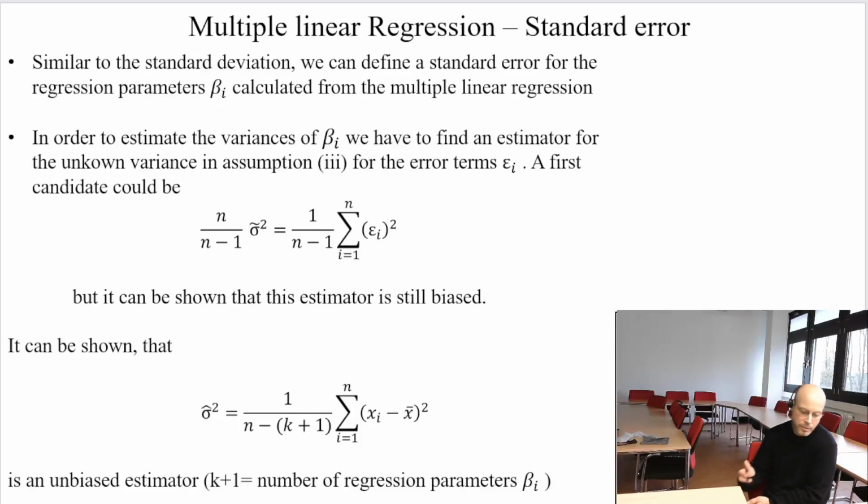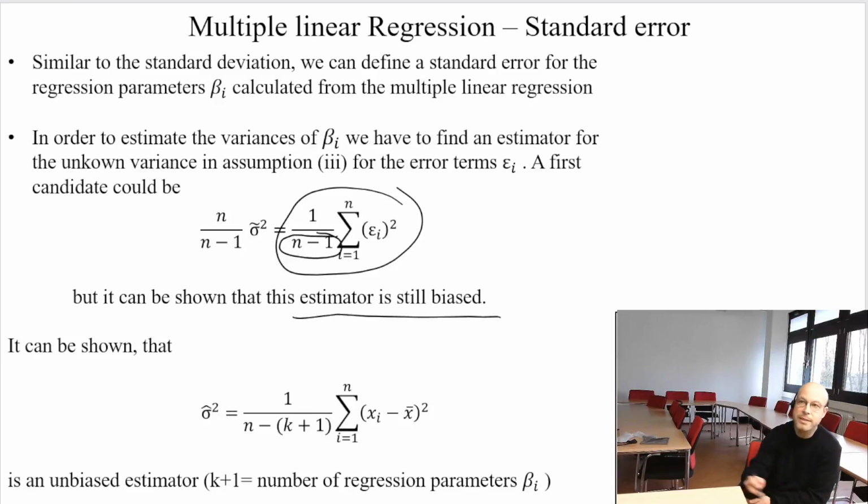And there at first, we could think that we have again the unbiased variance which we calculated in the one-dimensional case, where we had to divide our sum by n minus 1. But in general, we can say that this estimator would still be biased if we look not only at x, but at x1, x2, x3, and so on, so that we have more variables.